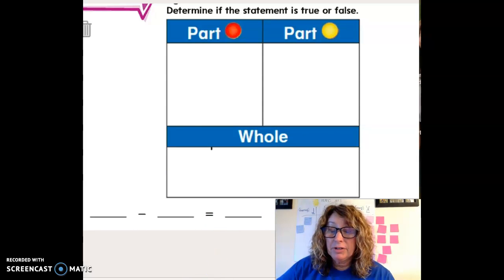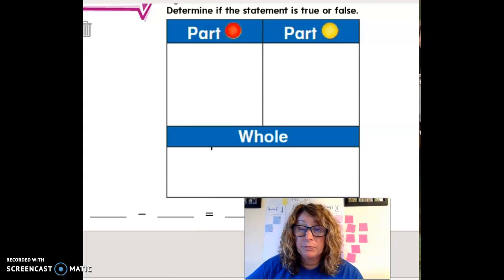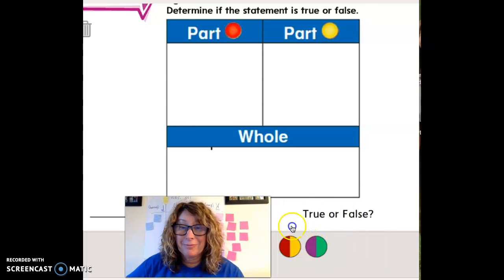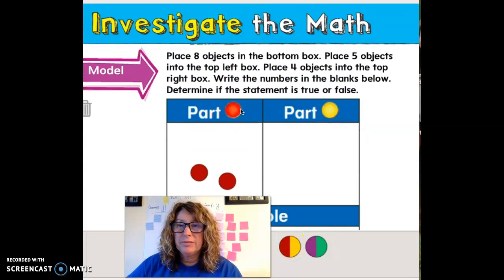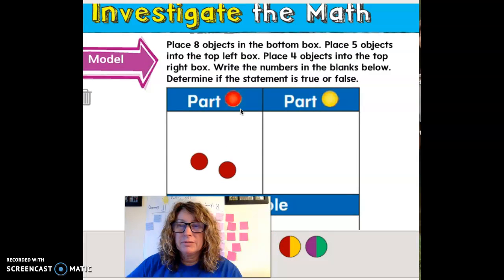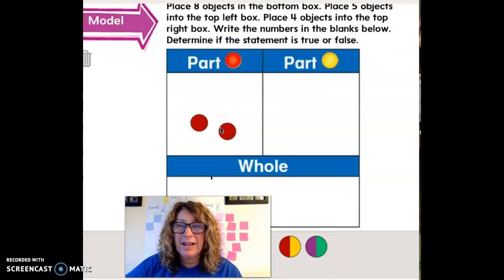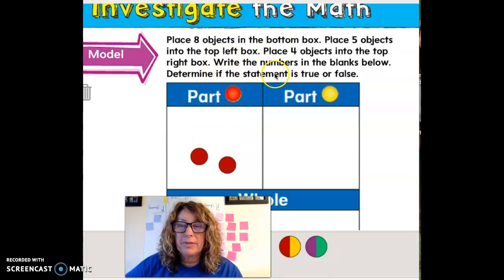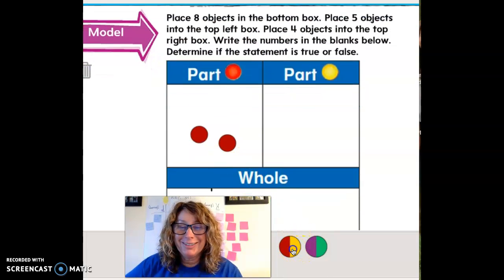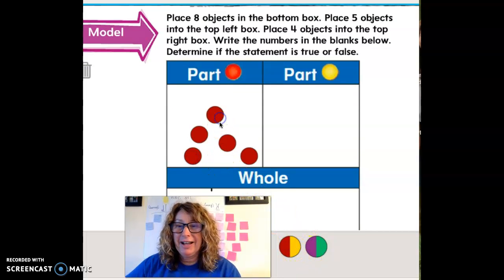Okay, so if I'm going to do that, I need to put 1, 2, oh, this is in the top right, or in the left. I'm going to put 5 up here. So far I have 2, 3, 4, 5.